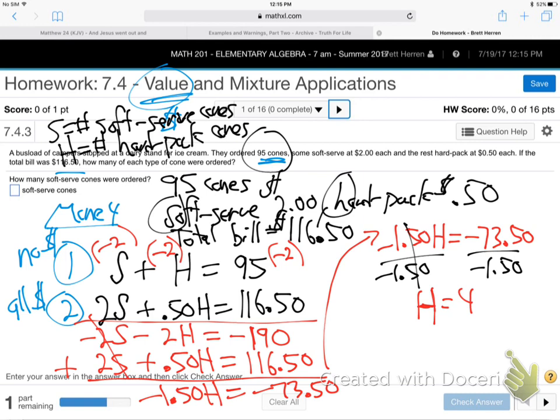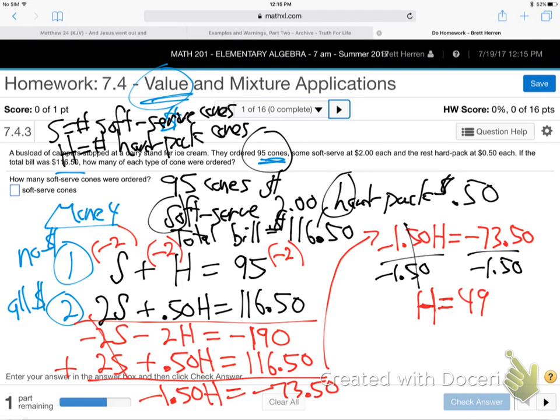I remember it. All right, 49. 49 hard pack cones. If that didn't come out a nice, clean, whole number, we messed up somewhere. It's got to be a clean, whole number. You can't have part of a cone, right? So 49 hard pack cones.